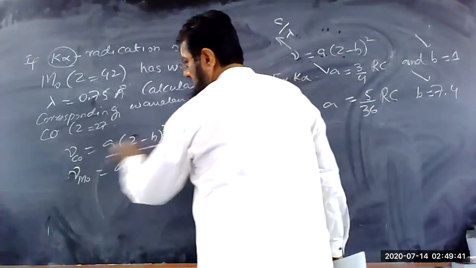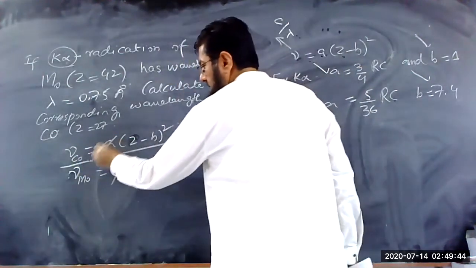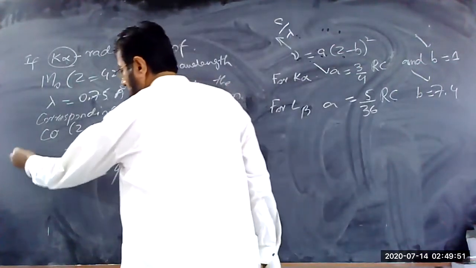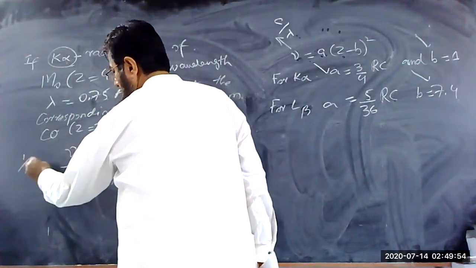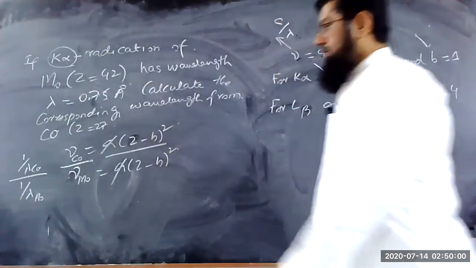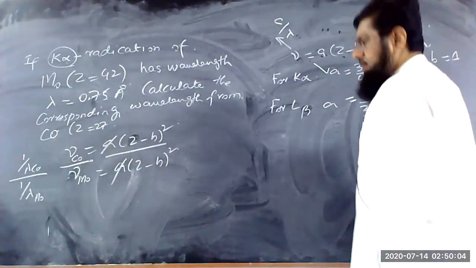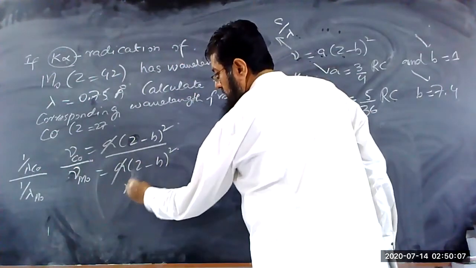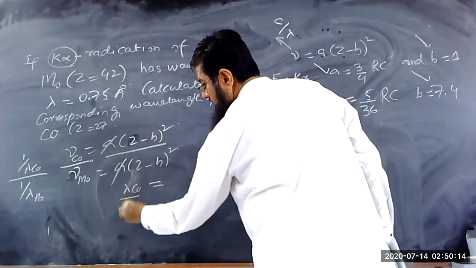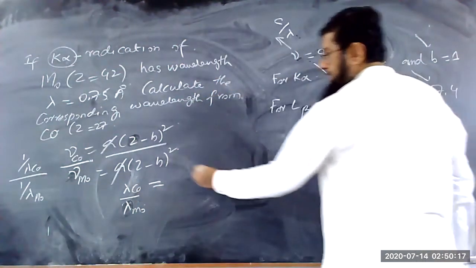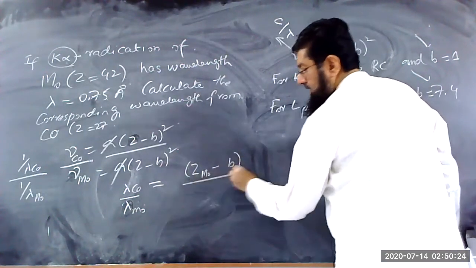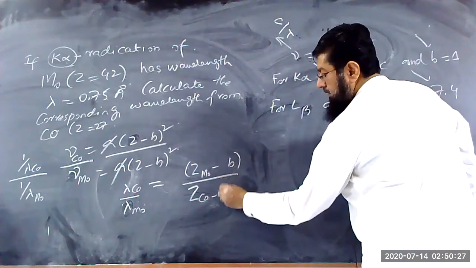If you take the ratio, they will cancel each other. If I convert this frequency into wavelength, this is equal to 1 upon lambda of cobalt and this is 1 upon lambda of molybdenum, because frequency is reciprocal of wavelength. So I can also write that wavelength of cobalt over the wavelength of molybdenum is equal to (Z of molybdenum minus B) divided by (Z of cobalt minus B).